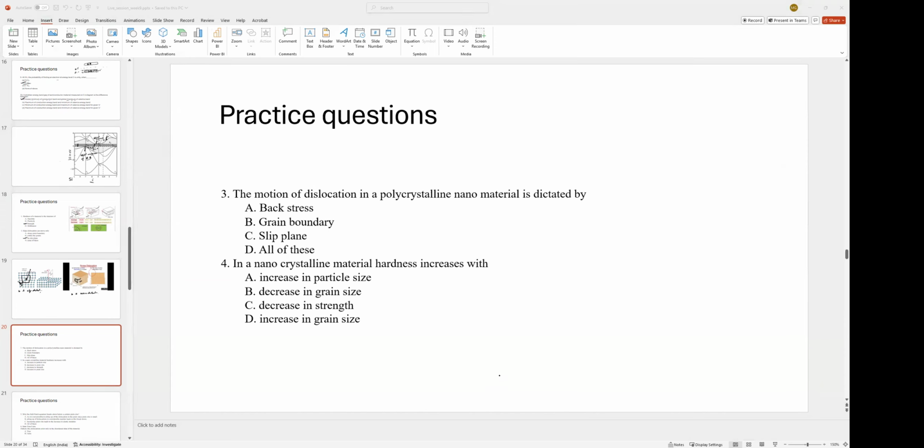So back stress, true, as dislocations pile up, these dislocations experience a back stress. So motion is affected by this back stress. This grain boundary is stopping these dislocations from moving forward.